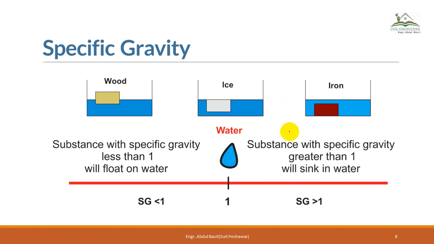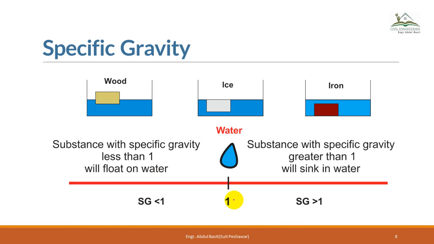In other words, if some substance or liquid has a specific gravity less than that of water, or less than 1, it will float on the surface of water.